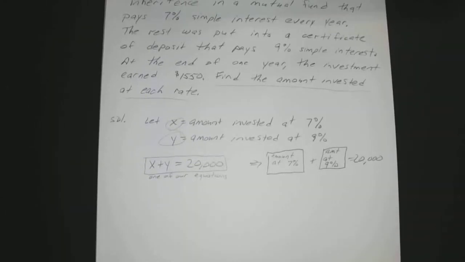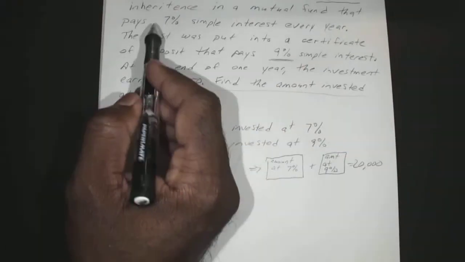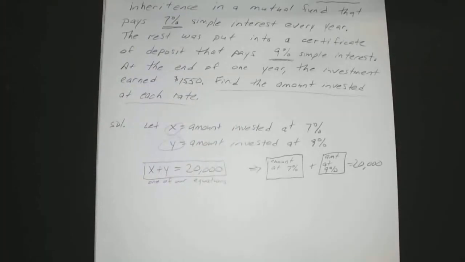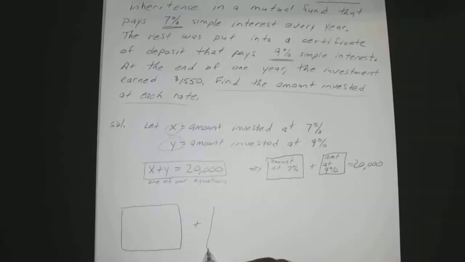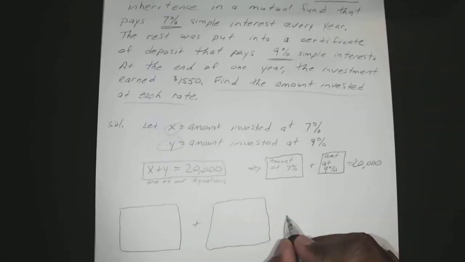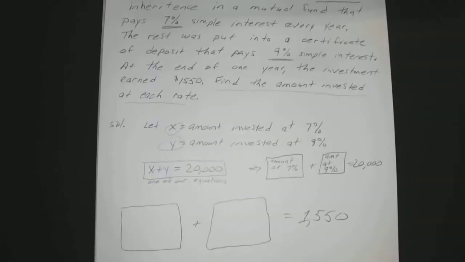Now we have to look at our second equation. We know that the amount he invested at 9% and at 7% gave a return of $1,550. If we draw our diagram underneath here, 1,550 is the total amount of money he made.